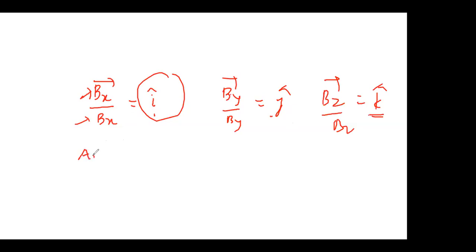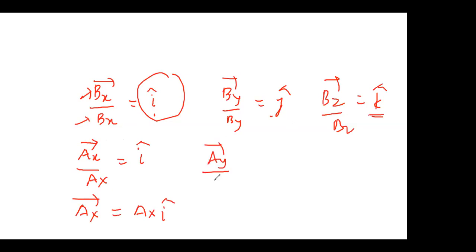That means A x bar upon A x is i cap. So by cross multiplying, A x bar is A x i cap. Similarly, A y bar upon A y is j cap, so A y bar is A y into j cap.